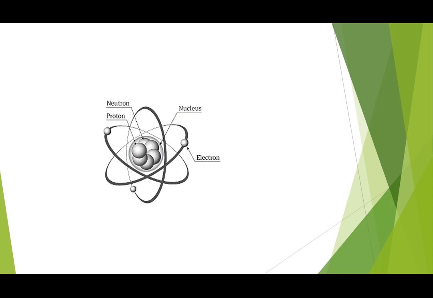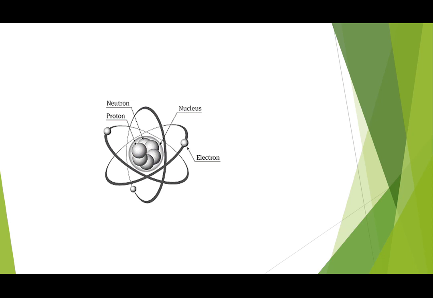The second question is, why is an atom electrically neutral? Already we have discussed it. The three points that we have to write are: protons are positively charged, electrons are negatively charged, the total number of protons is equal to the total number of electrons, and these charges cancel each other, and the neutrons do not have any charge.